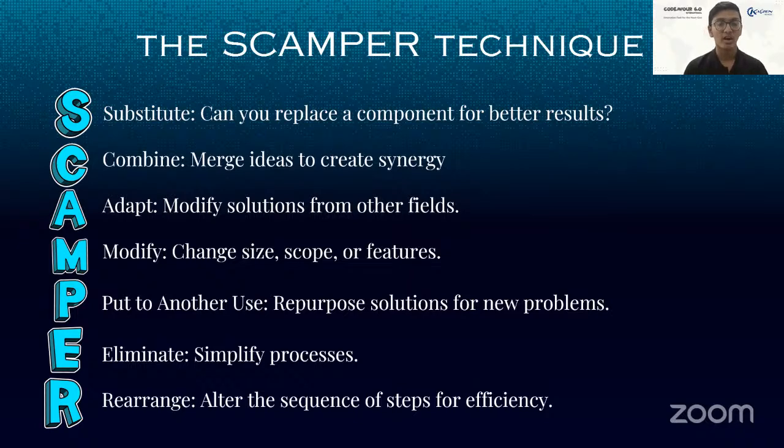Fourth is modify. Change size, scope, or feature. Modifications are always necessary. One thing I have seen people always do is modify in the end, after they have filled everything and built the final prototype, and then they think, do I need anything? No, that's wrong. After your first design, when you make your first prototype, after your first idea, you should modify it. You should see what you can improve on it.